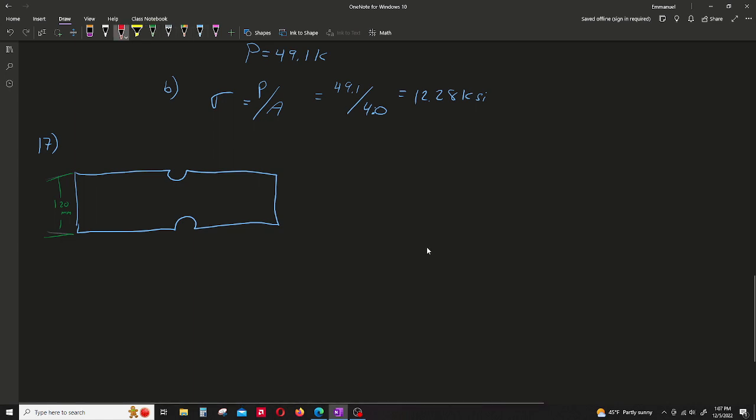And then our forces, I'm going to put P there. I've got more room here, so I'll put P equals 50 kN. I think it's 50. Yeah, 50. And then R is actually going to be right there.